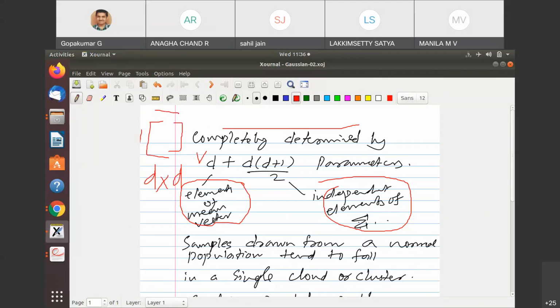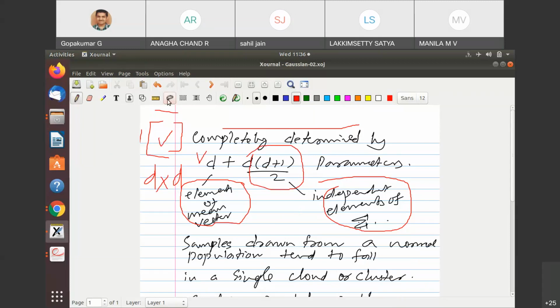So it's going to be the covariance of x1 with respect to x1, x1 with respect to x2, x1 with respect to x3, etc., up to d. Similarly we'll have a matrix, and that means we have d into (d plus 1) by 2 parameters coming from the covariance matrix also.